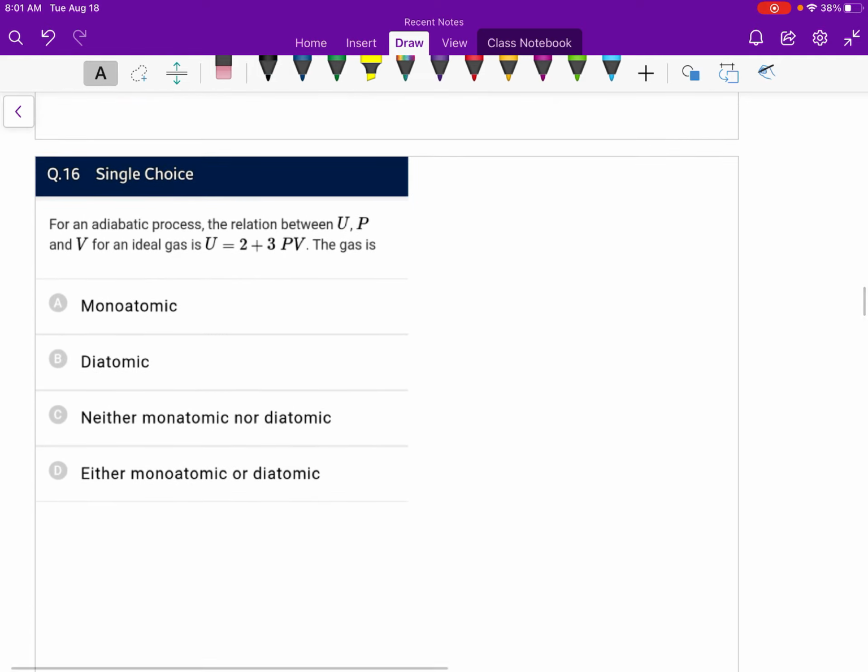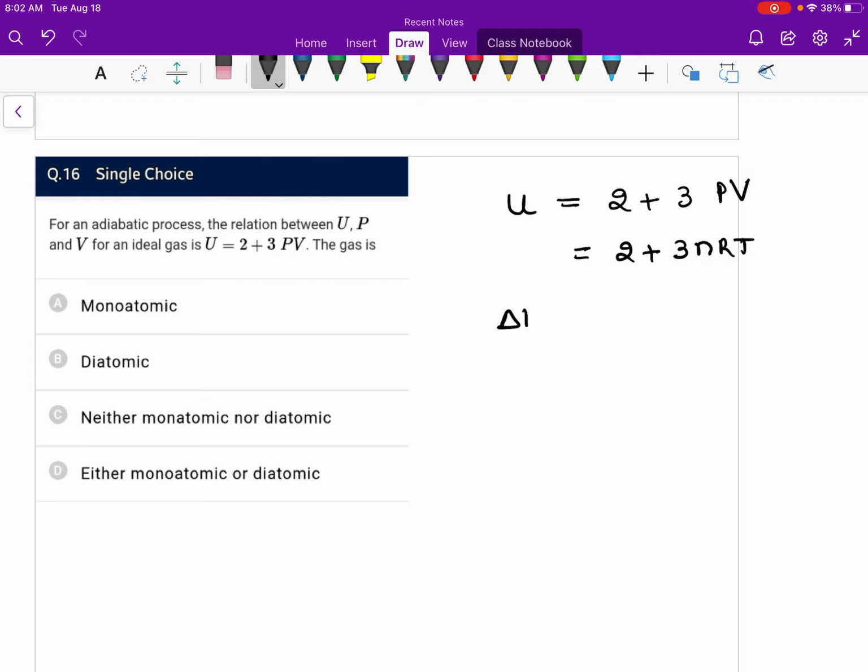For an adiabatic process, the relation between U, P, V is this. So U is 2 plus 3 PV, which can be written as 2 plus 3 nRT, so delta U is 3R into n into delta T. So Cv is 3R by 2.